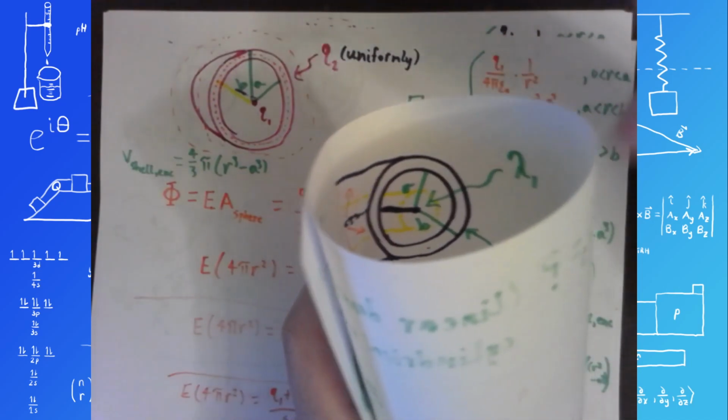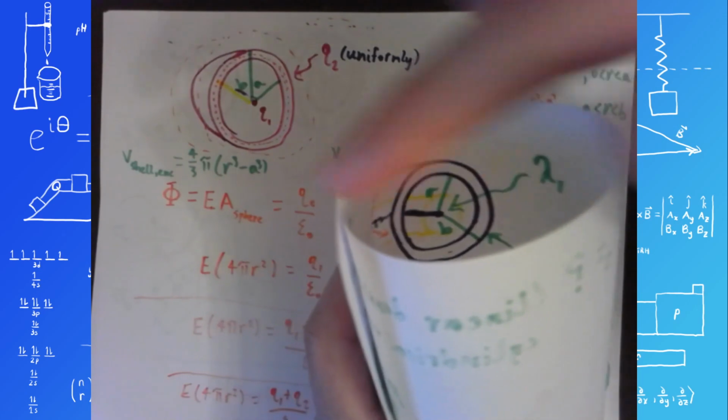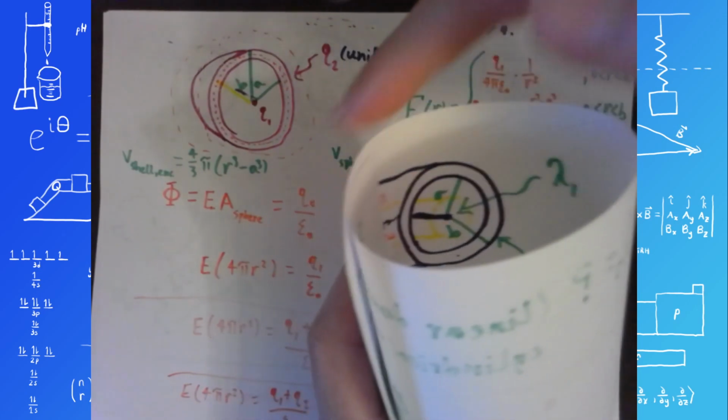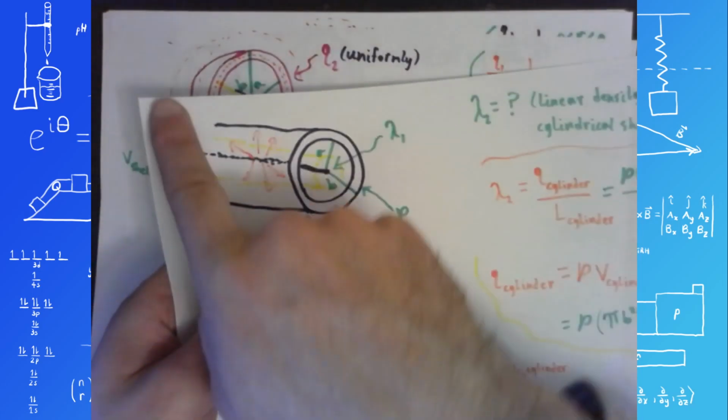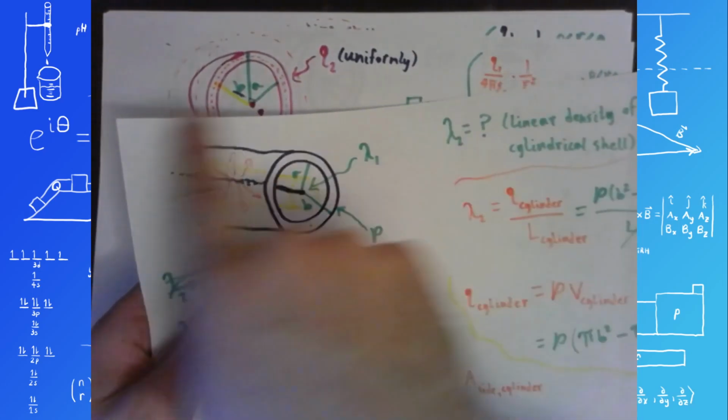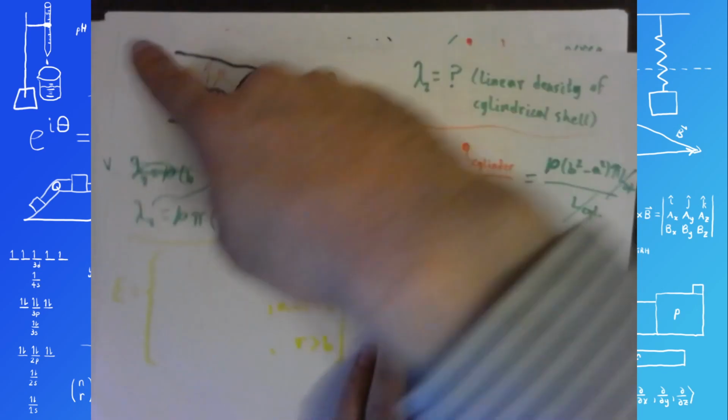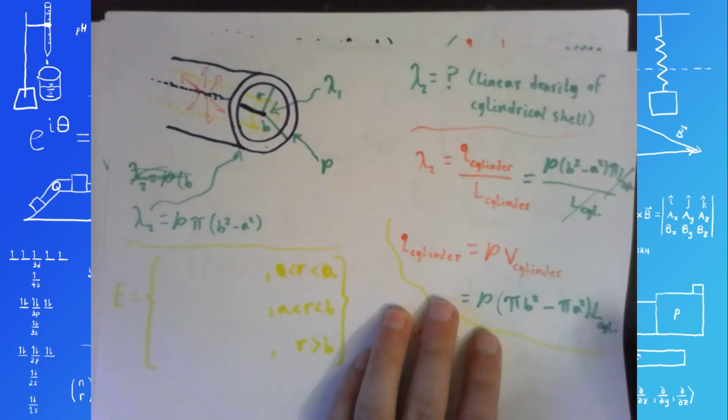So this is going to be 2 pi r, and if I do 2 pi r times the length over here, if I unroll this thing, that's my 2 pi r multiplied by the length. 2 pi r times length.